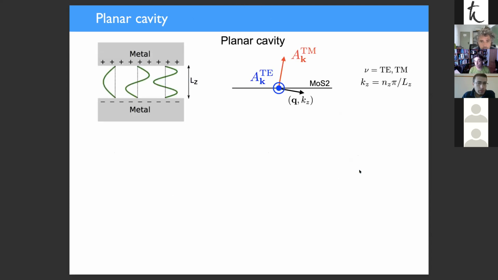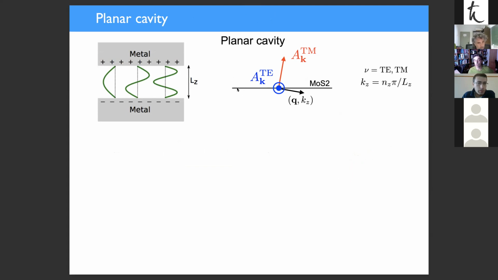With respect to the planar cavity, this is very simple. We are going to consider a metal cavity that is planar, and for the vector potential, you know that there are two modes, the transverse electric and the transverse magnetic mode.